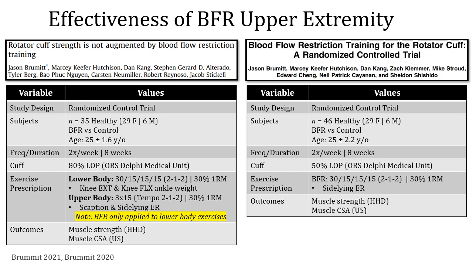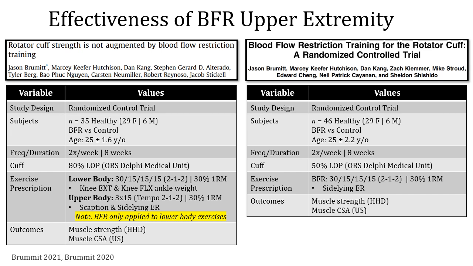And so the BFR group, versus the non-BFR group, the only thing that differed was the fact that the BFR group did lower extremity BFR, whereas the non-BFR group did no BFR on the lower extremity, but they both did unoccluded exercise for the upper extremity. Their outcomes were muscle strength and handheld dynamometry and cross-sectional area using the ultrasound.